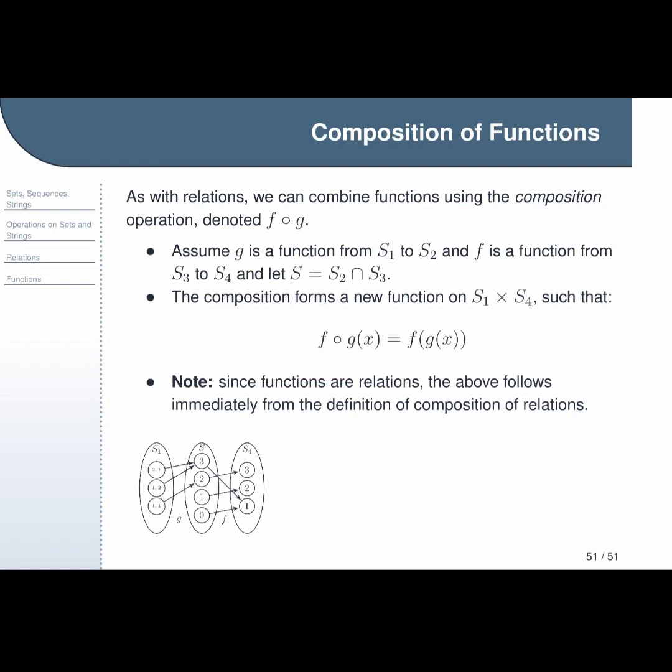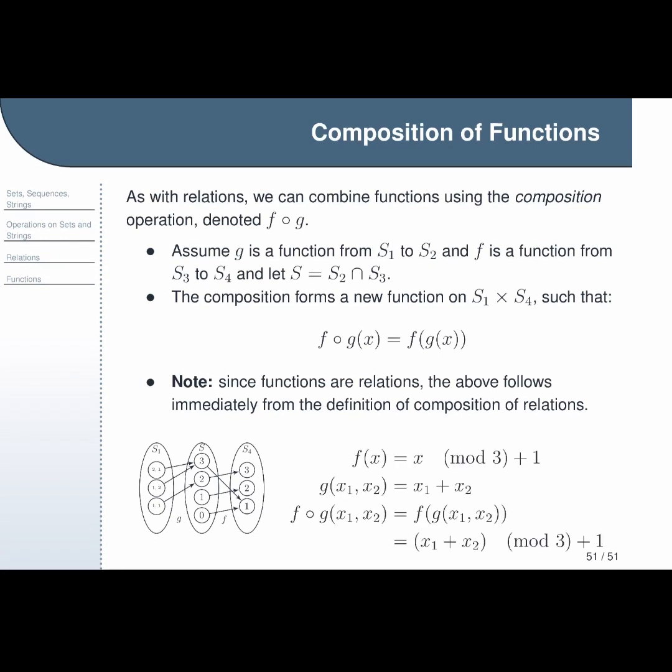One difference is we might decide to write these functions in the functional, rule-based notation, and so we could express our composition this way also, where we say f of x is x mod 3 plus 1, and g of x takes x1 and x2 and adds them together. Now I have these two functions. If I compose them, I'm going to take two inputs, x1 and x2.